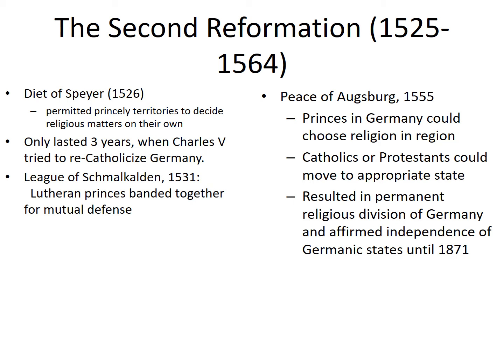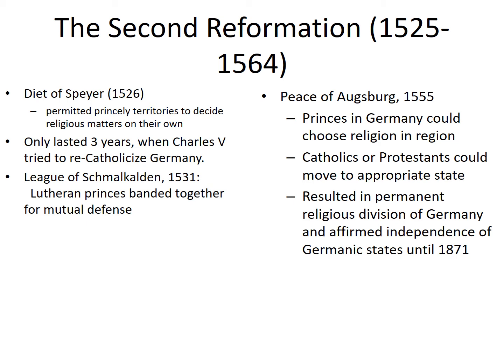The Diet of Speyer permitted princely territories to decide religious matters on their own, sort of a precursor to what eventually will be the Peace of Augsburg in 1555. But the Diet of Speyer only lasted 3 years. When Charles V tried to re-Catholicize Germany after that, it fell apart.